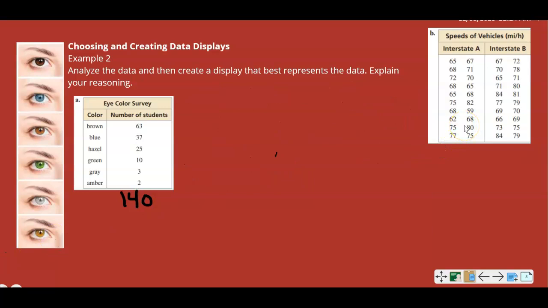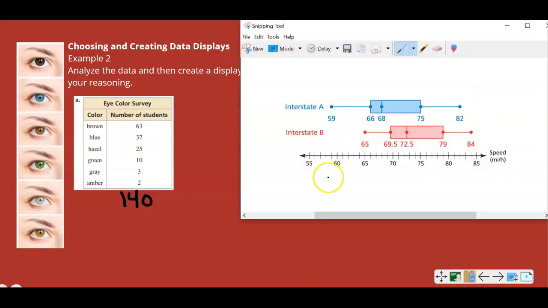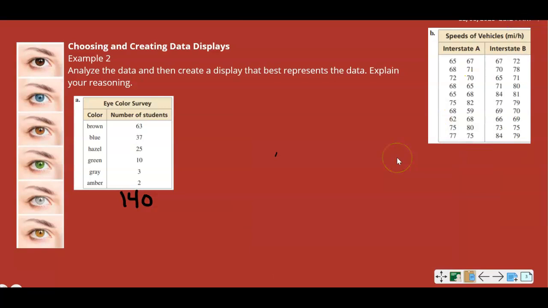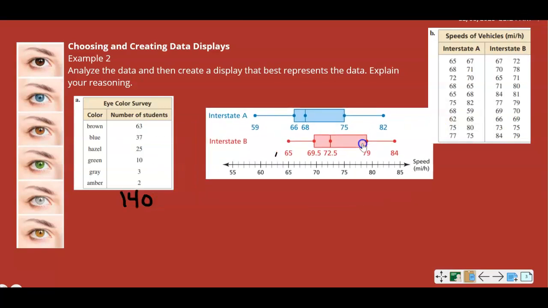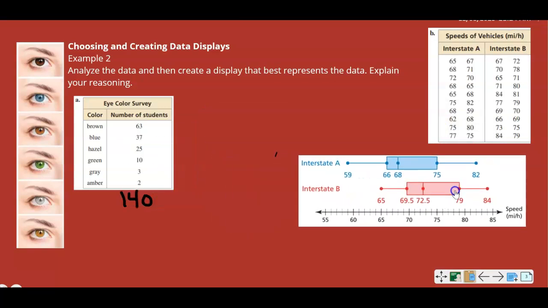Since we've done a couple examples of the box and whisker plot already where I went through it step by step, this time I'm just going to give you the box and whisker plot here. And again, if you need a refresher on how to do that step by step, just go to the previous video and you will see how we found the minimum values, the maximum values.